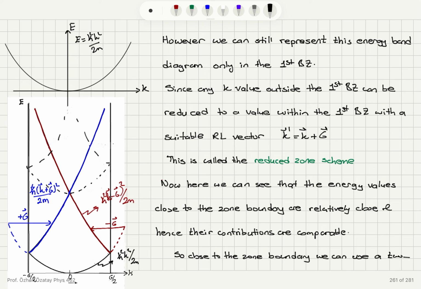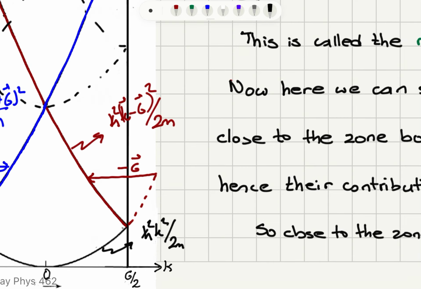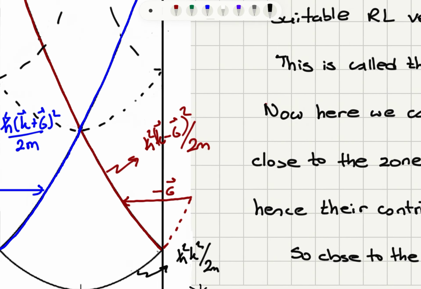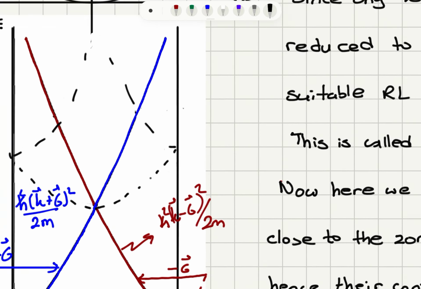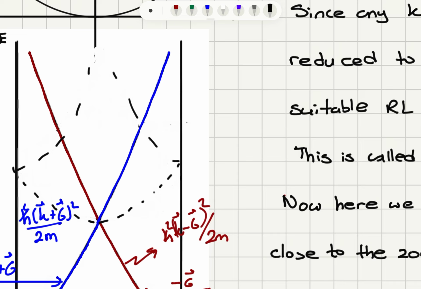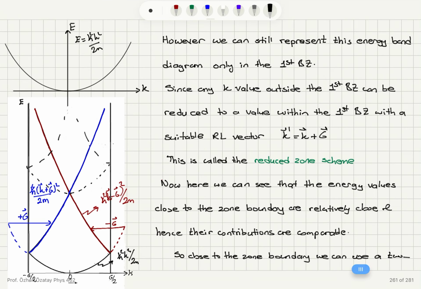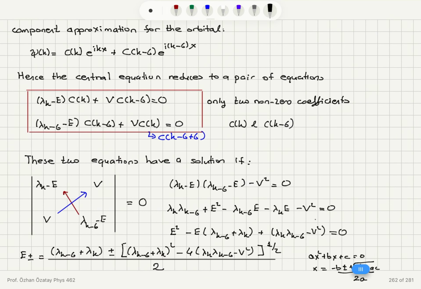And you can see that when what we have brought back overlaps, we basically have reached another zone boundary. So this would be k is equal to pi over a, this would be k is equal to 2 pi over a, and then we would have k is equal to 3 pi over a, etc. So this would continue like this.